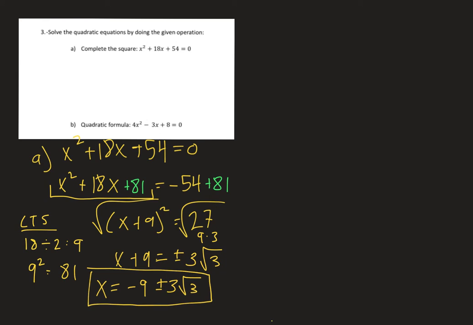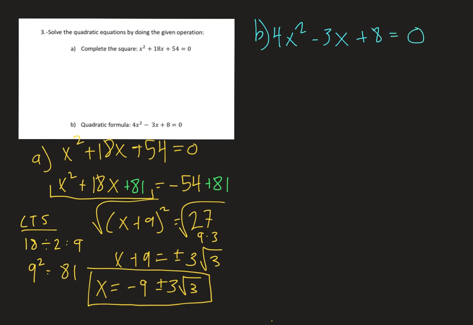Alright, so for the second part of this problem, we have to solve the same problem using the quadratic formula. In this case, the problem's a little different, but they will be the same. Let's see. So we have the quadratic formula. So we need to take this 4x squared minus 3x plus 8 equals 0.